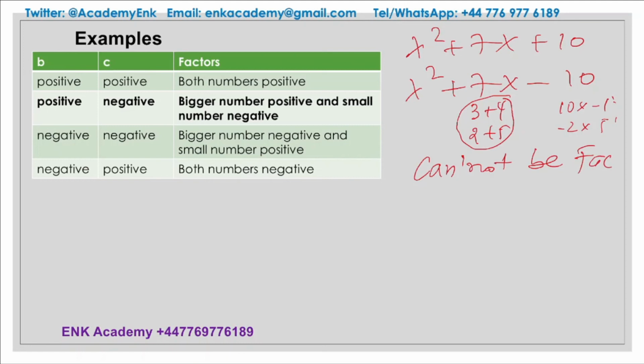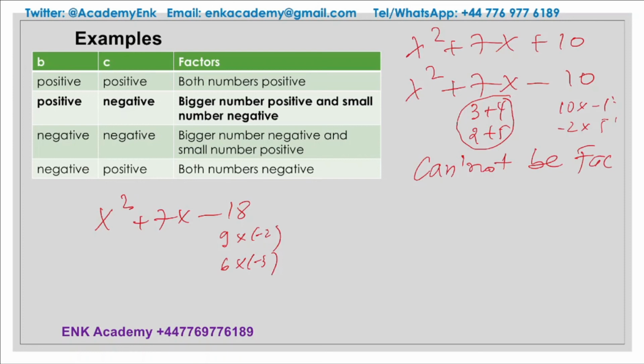However, if our expression was x squared plus 7x minus 18, we can see that the bigger number should be positive. That means 9 times minus 2. And then we also have 6 times minus 3, because the small number should be negative.